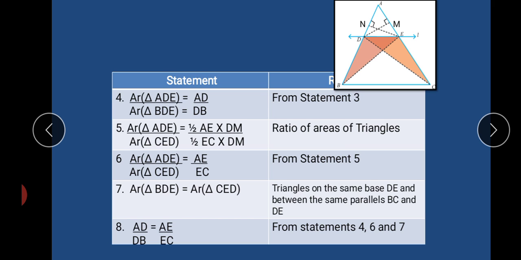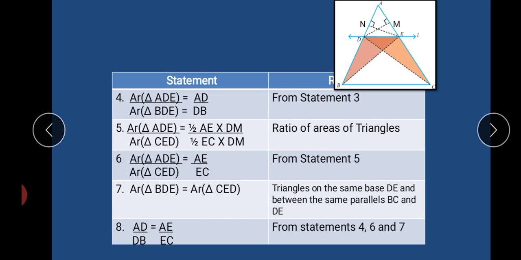To prove these two equal, we will go to the left hand side of the two statements. If you look at the numerator, it is the same triangle, area of triangle ADE, and in statement 6, it is also area of triangle ADE. The denominators of both the statements, one is area of triangle BDE and the other is area of triangle CED.